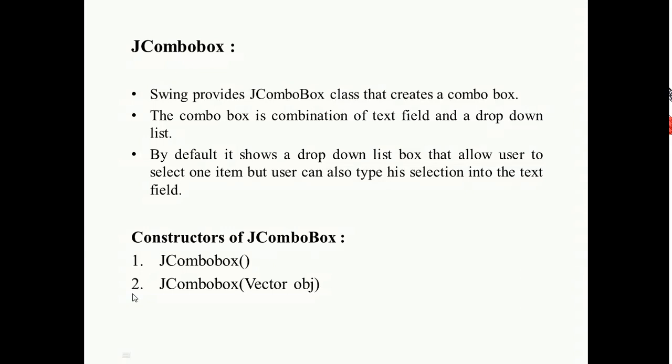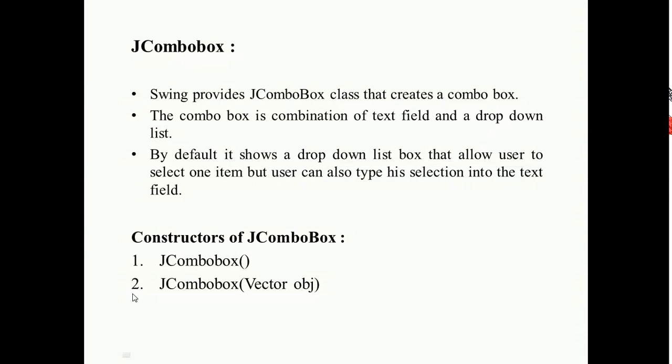These two are the constructors of the JComboBox, and the addItem method is used to add the items into the combo box. The main use of JComboBox is to display a drop down list, and a combo box is the combination of a text field and a drop down list.